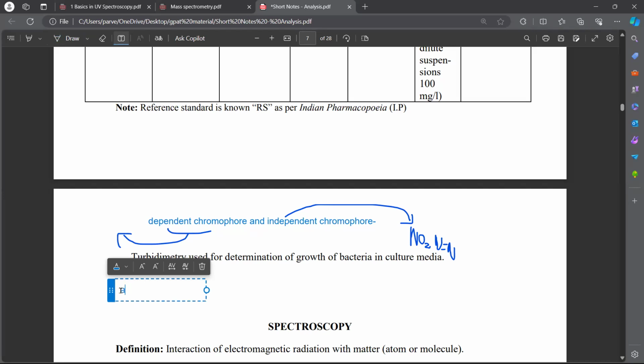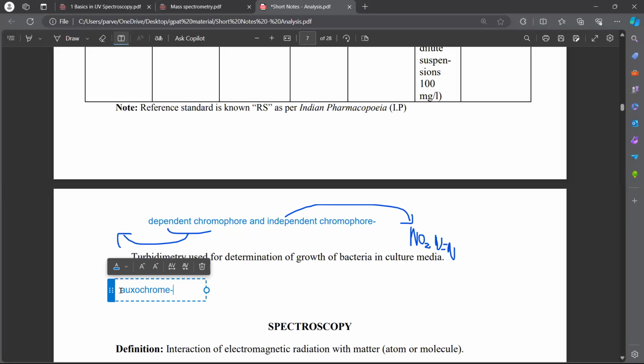Next, we come to the auxochrome. Can anyone tell me examples of auxochromes? Come on, guys, quickly.